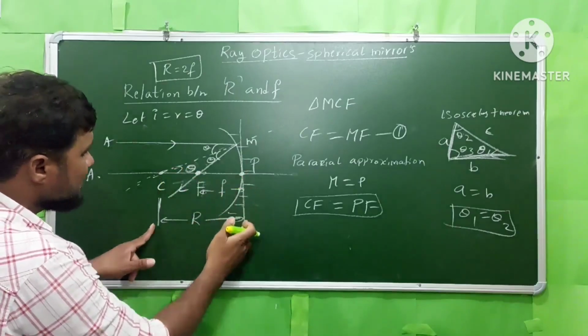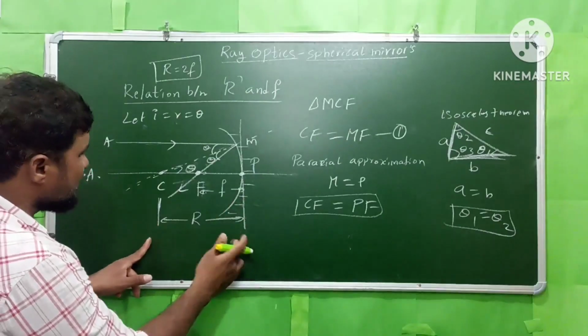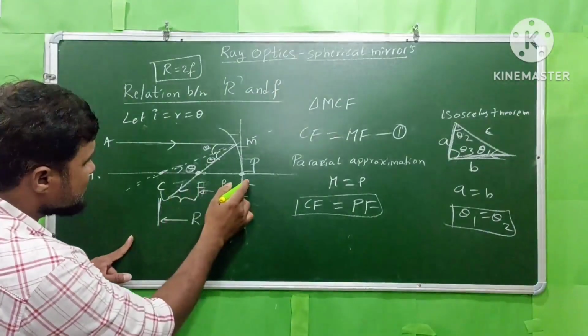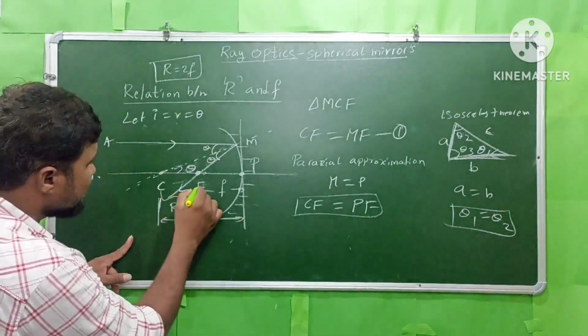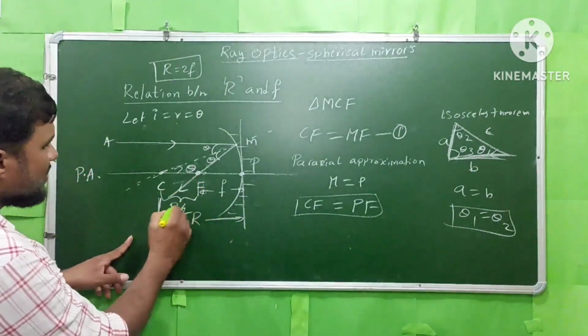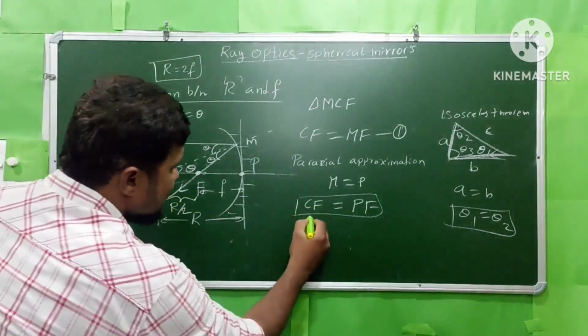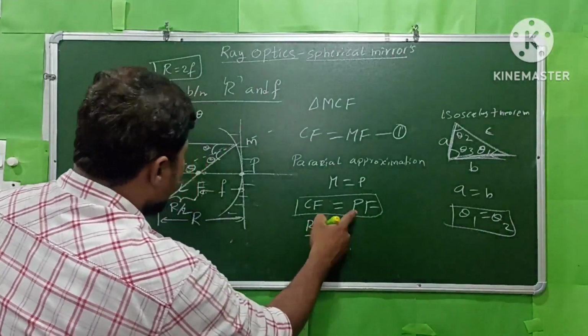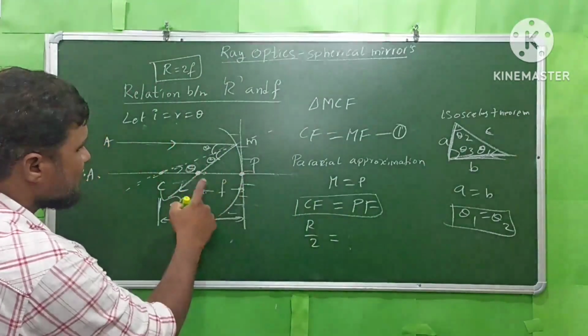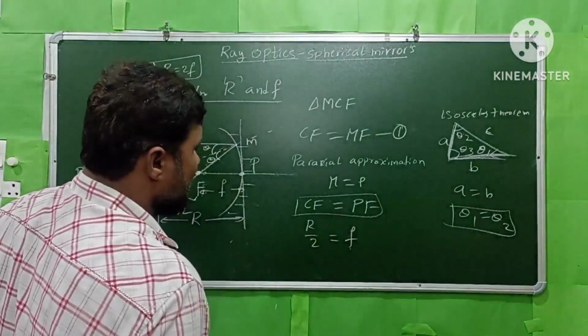C to P is R, the radius of curvature. Since these two distances are equal, we can write CF is nothing but R by 2. So CF is R by 2. What about PF? PF is the focal length f.